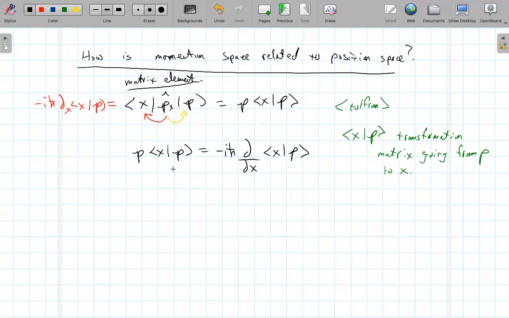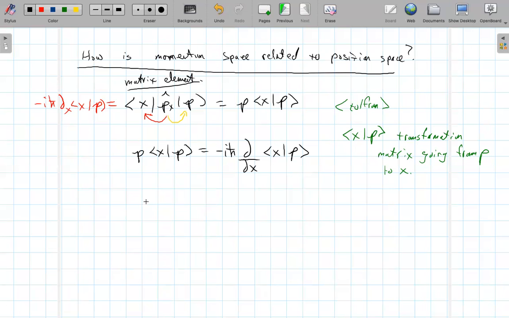Good. So what this does is it actually gives us a first order differential equation that we can solve for these matrix elements, for our transformation matrix going from one space to another space. So let's go ahead and do that. So here I'm going to write this now as a full derivative. Let's use separation of variables. I'm going to put this term over here, the other term to the other side.